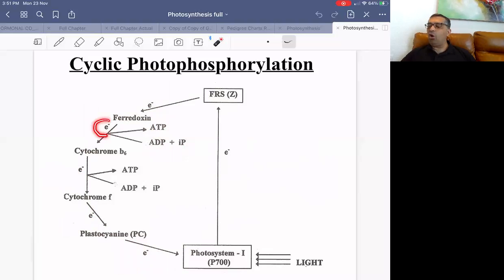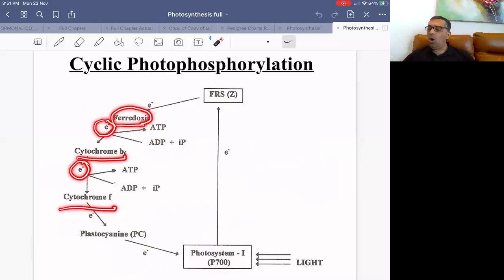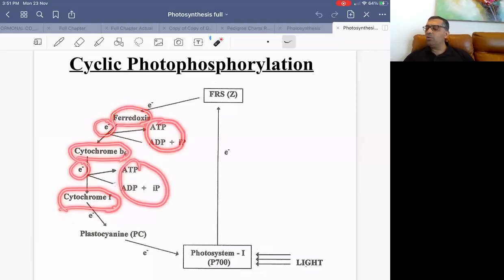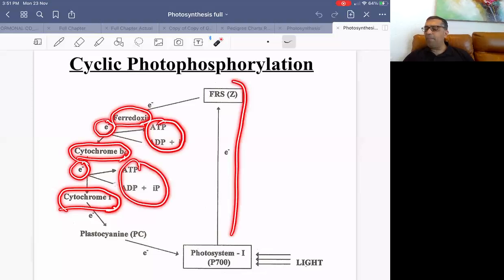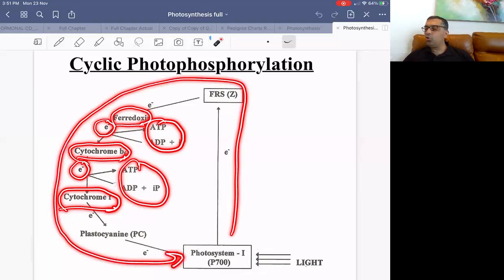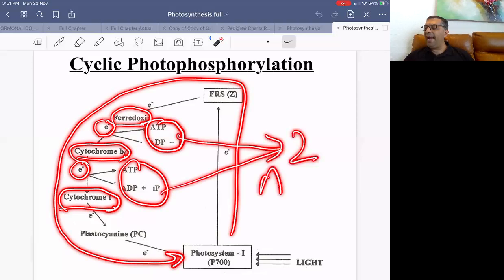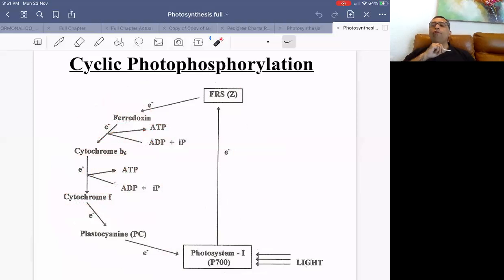During transfer of electron from ferredoxin to cytochrome B6 and during transfer of electron from cytochrome B6 to cytochrome F. तो ये 2 स्टेप में ATP बनता है, और ATP बनता है तो एक cyclic process में 1 + 1, a total of 2 ATPs are formed. 2 ATPs are formed in one cyclic photophosphorylation.